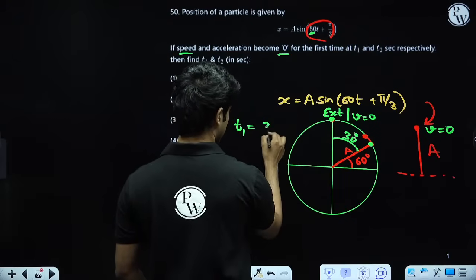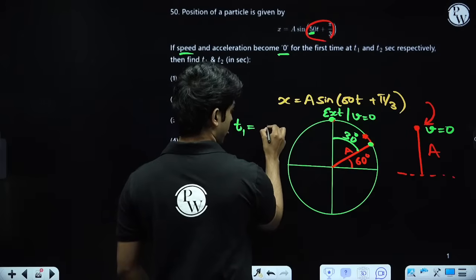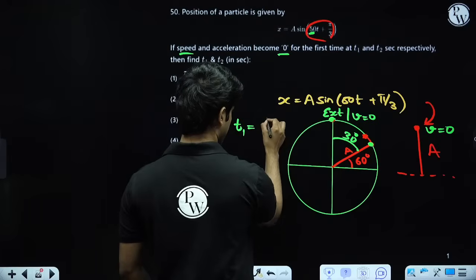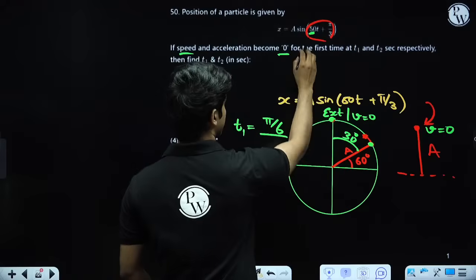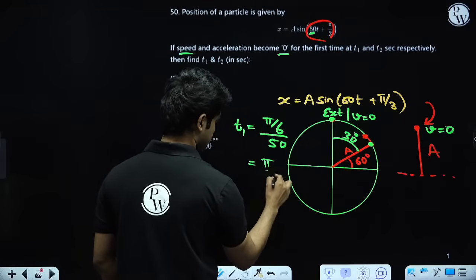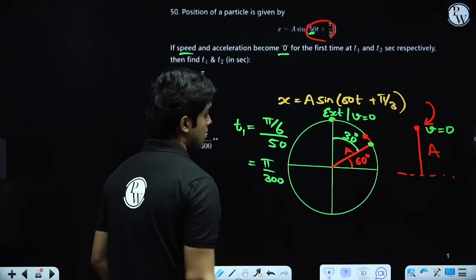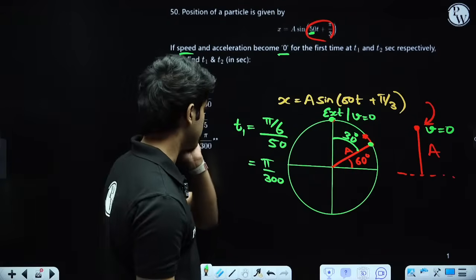We have to convert 30 degrees into radians. So 30 degrees is pi by 6, divided by angular velocity omega 50. So this will be pi by 300. That is when the speed becomes 0 for the first time.